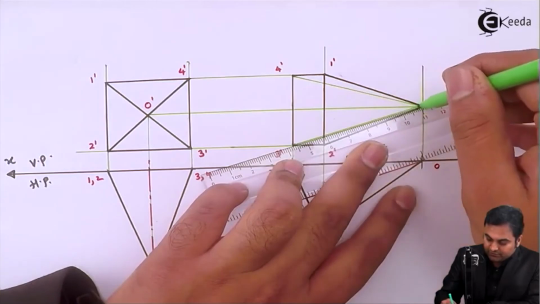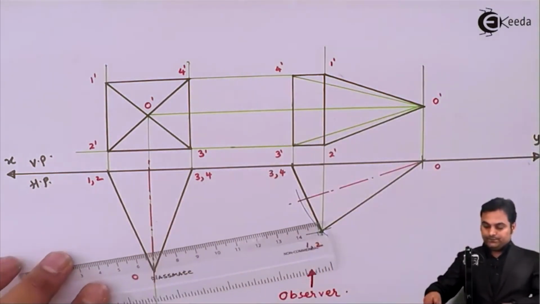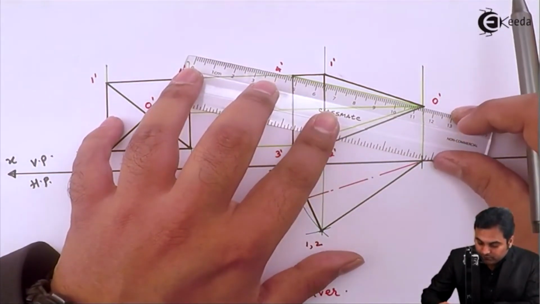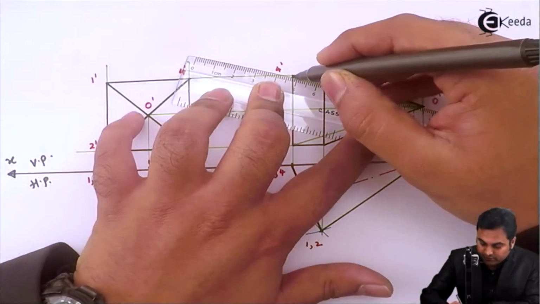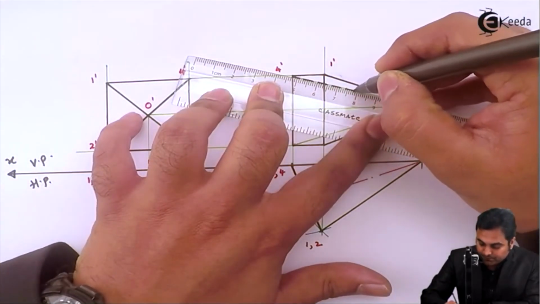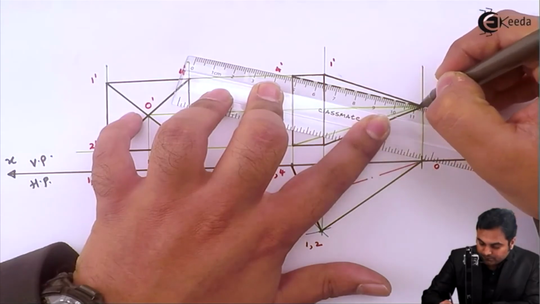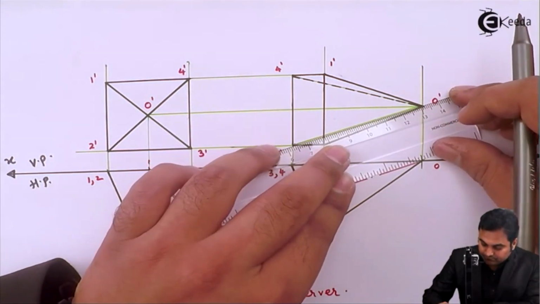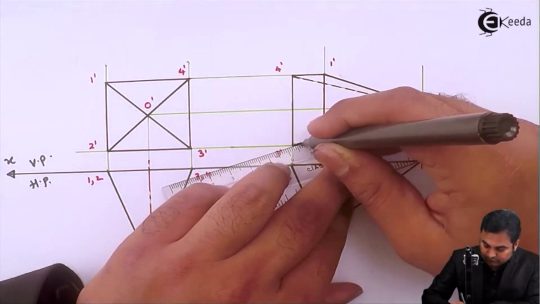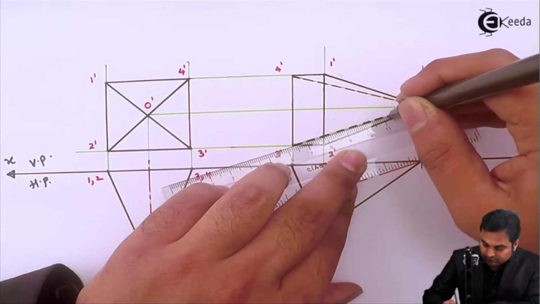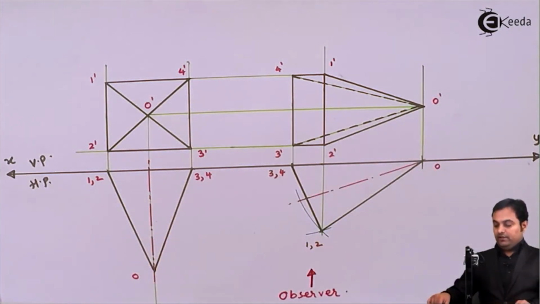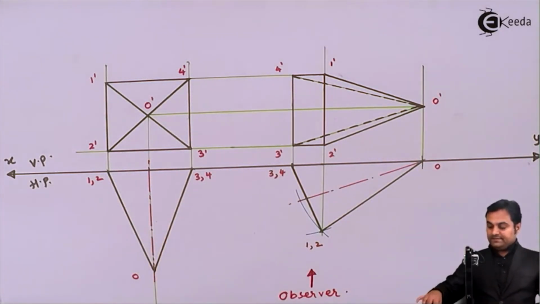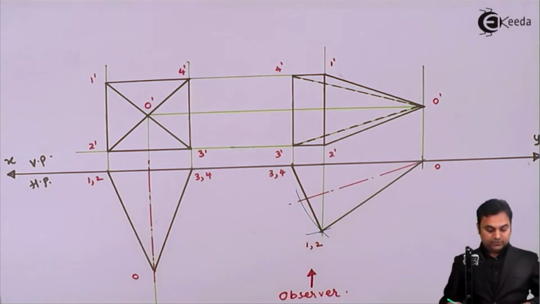These are the edges of the pyramid. So O dash 4 dash and O dash 3 dash will be hidden. Next, apex will be projected.